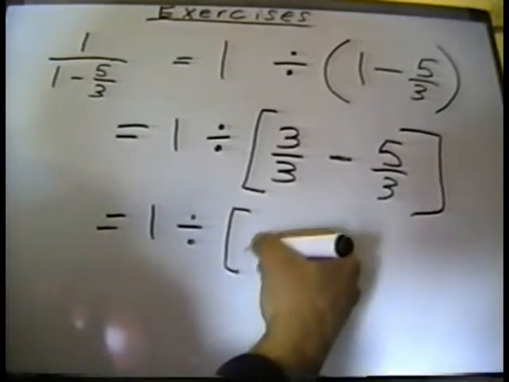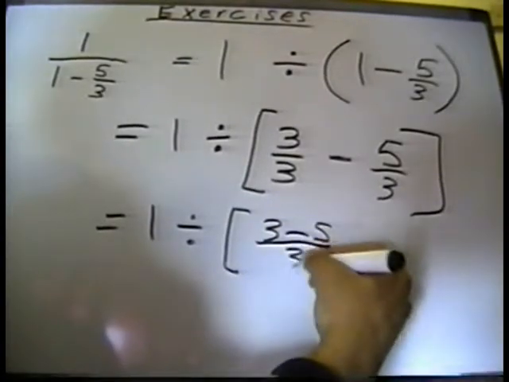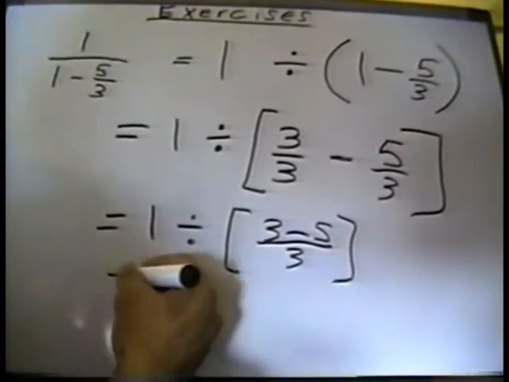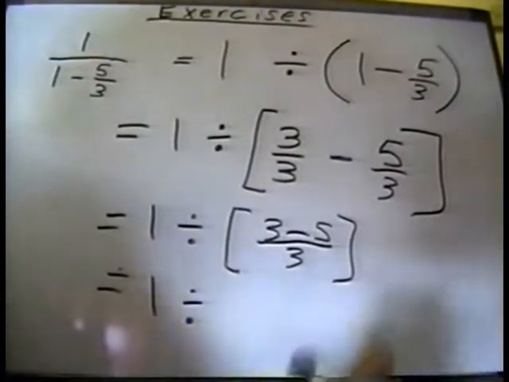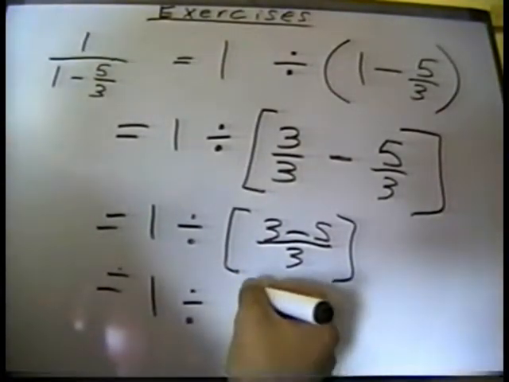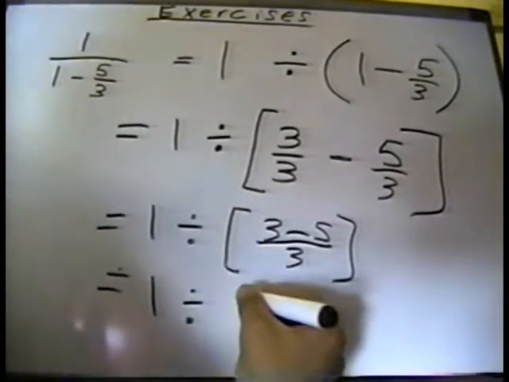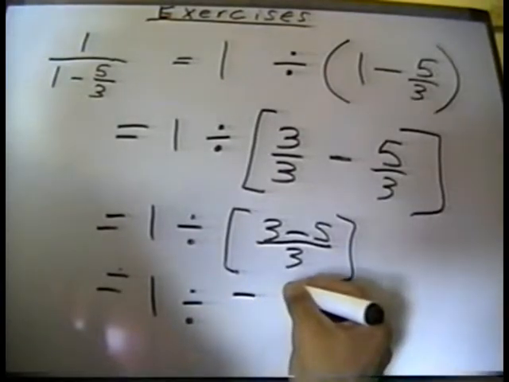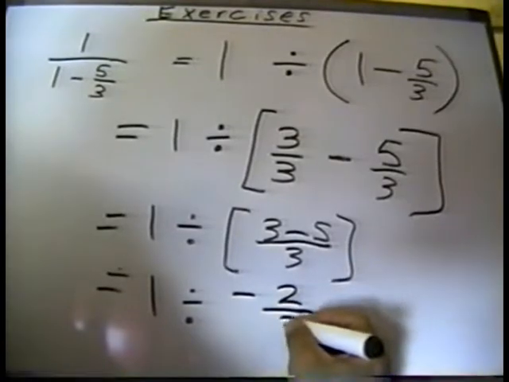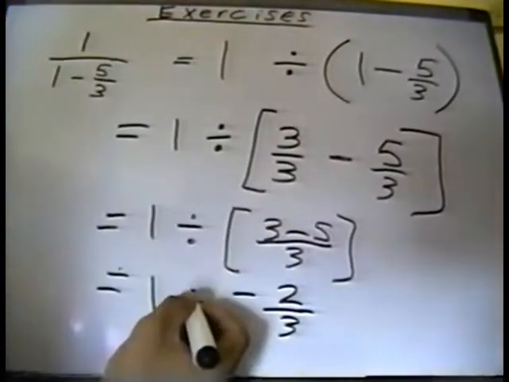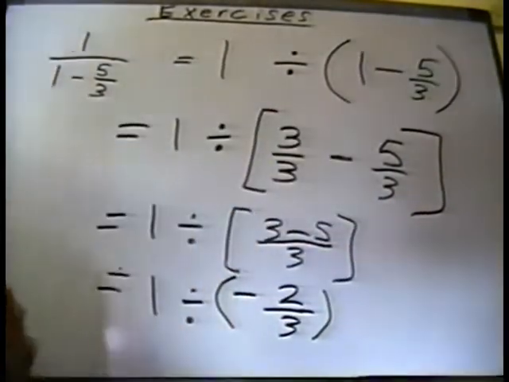Okay, in which case you get 1 divided by 3 minus 5 over 3. And then that's equal to 1 divided by negative 2, or negative 2/3. Negative 2 over 3 is the same thing as negative 2/3.